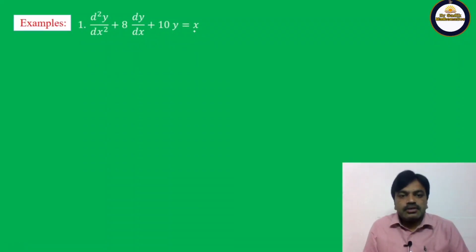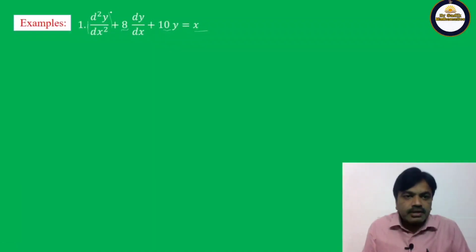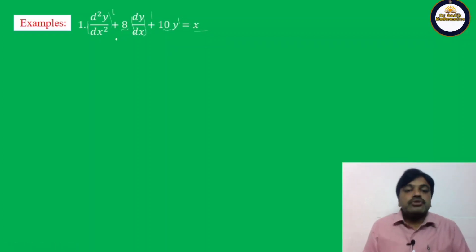The coefficients here are 1, 8 and 10, so they are constants. The degree here is 1, here also 1, and this is also 1. So this is a linear differential equation with constant coefficients.